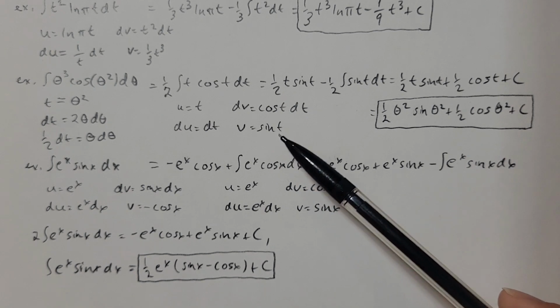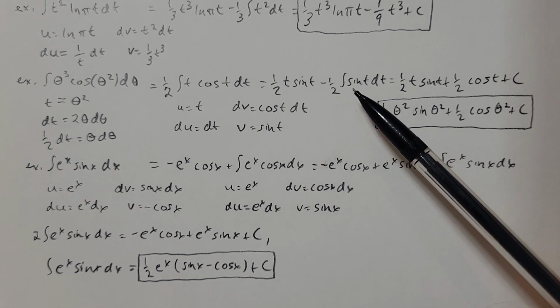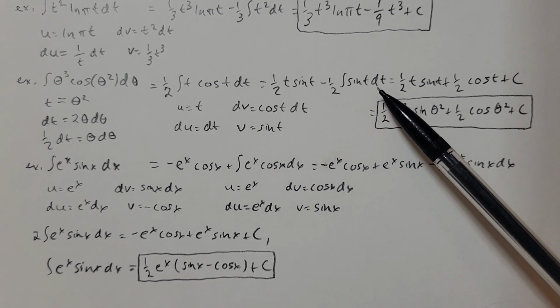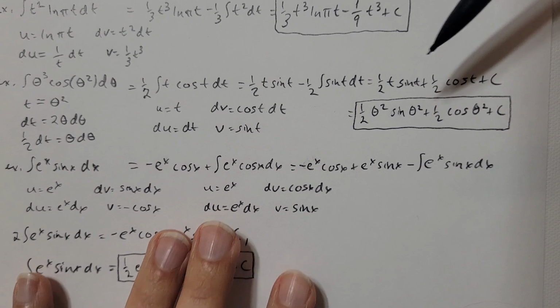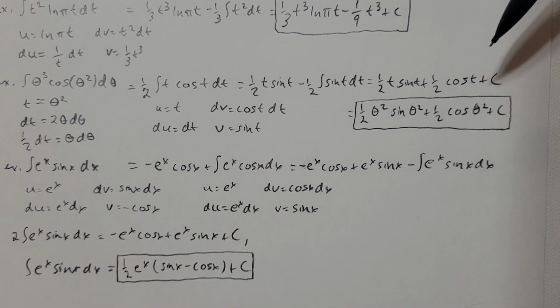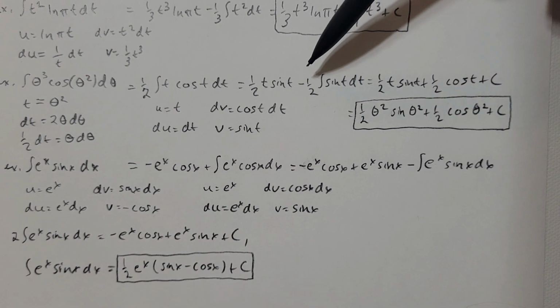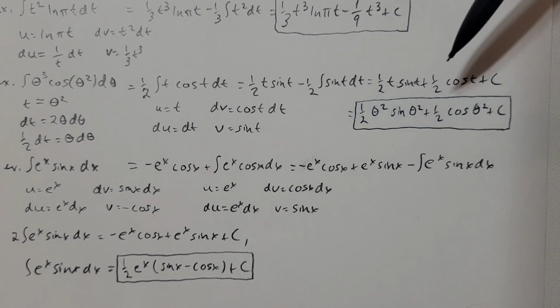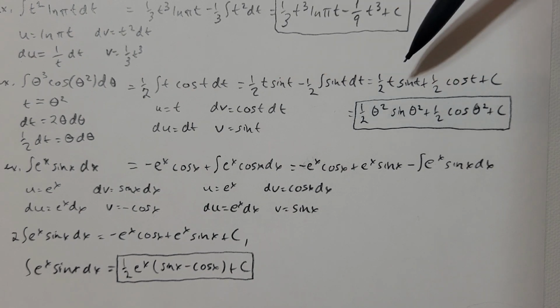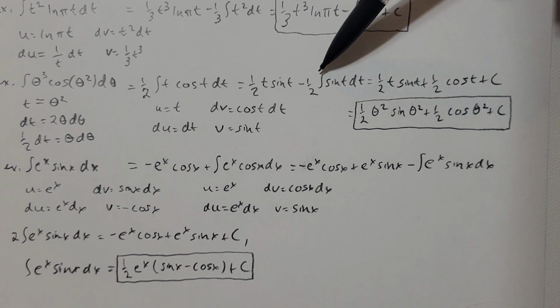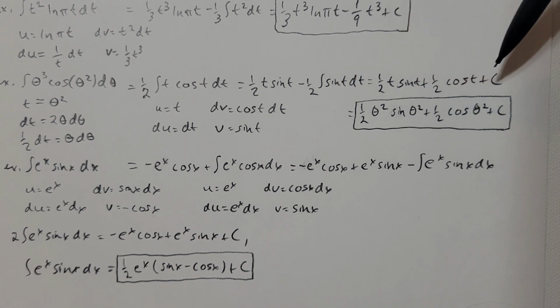V is sine t, so you're going to be integrating sine t and then stick a dt at the end. The antiderivative of sine t is negative cosine t. I've already got a negative in front of the integral, so the opposite of a negative is a positive. You're going to have 1/2 t times sine t plus 1/2 cosine t plus C.